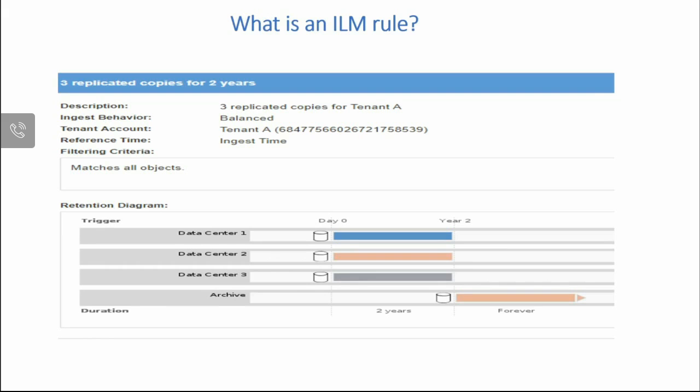And then after 2 years, we place only 1 copy on the archive storage medium. So you kind of see here that is a good example of why it's so important, right? How long it's retained for and where it's retained and for how long.